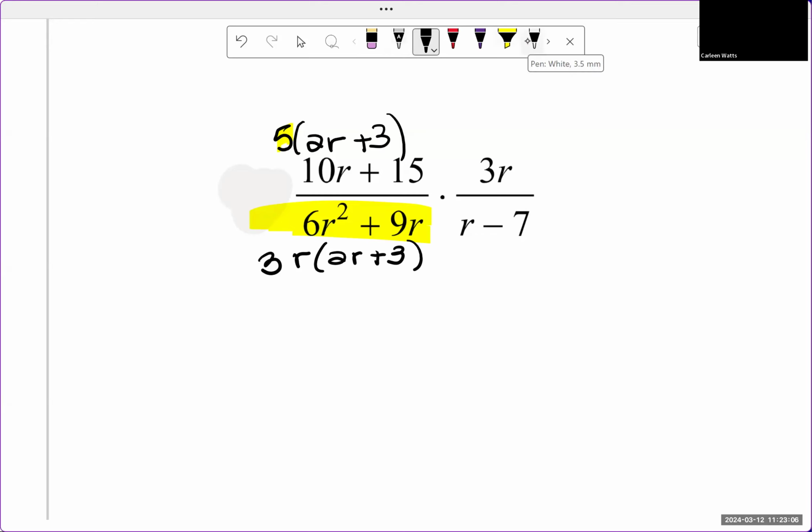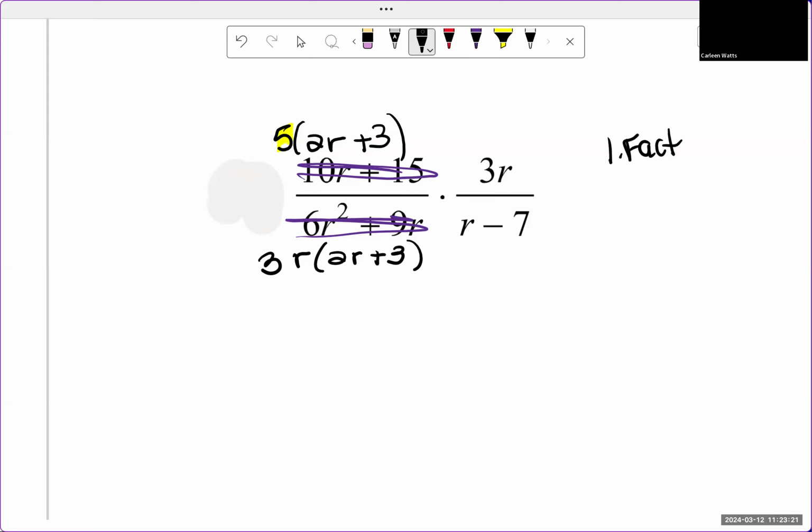Okay. So we factor, then we cancel. 2r plus 3, 2r plus 3. Anything else cancels? Oh, 3r. 3r cancels with 3r.